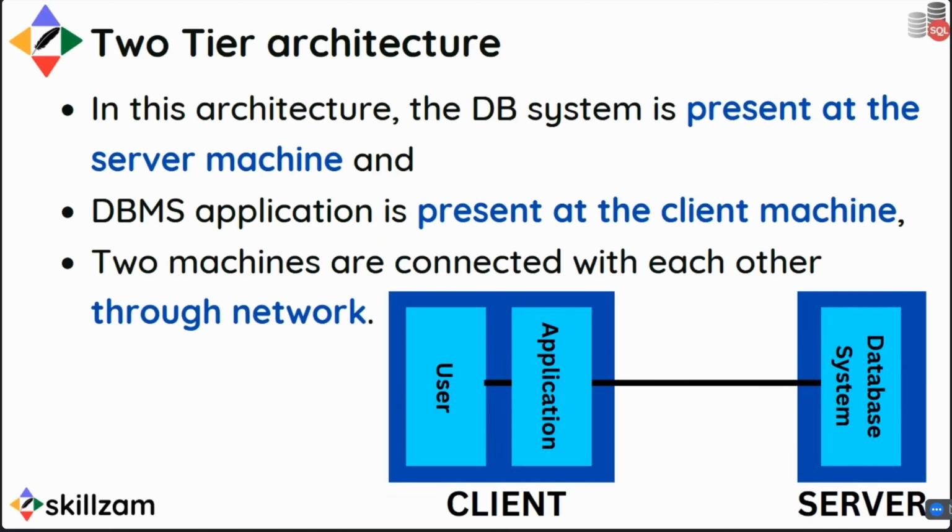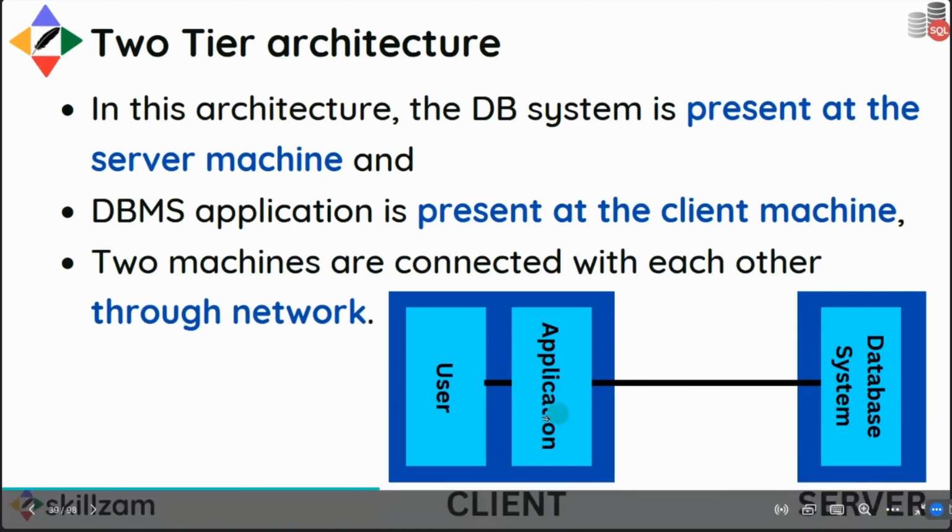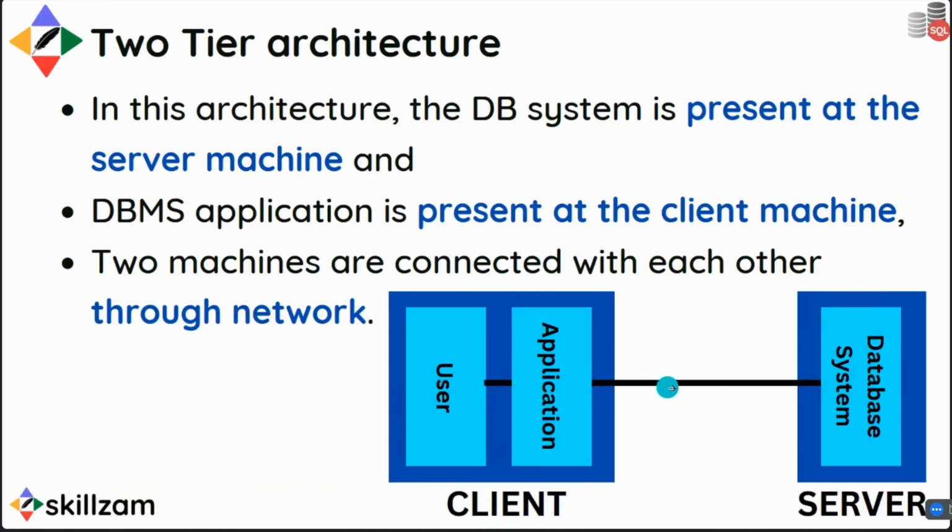So always remember, in a two-tier architecture, there is a server and there is a client. The server always contains the database system, whereas the client contains the DBMS application through which the user accesses the database. And how does this access happen? It happens over the network connection.